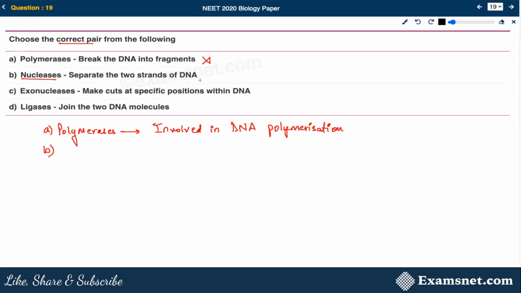The separation is done by DNA helicases.